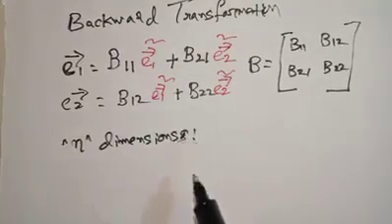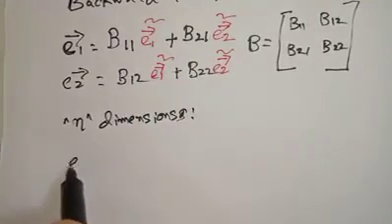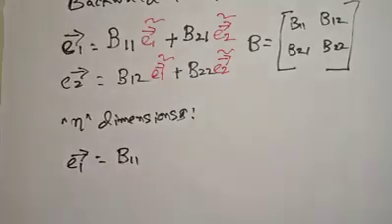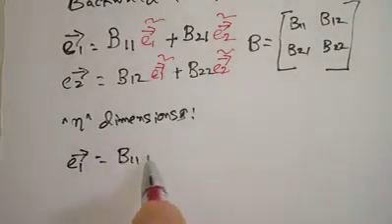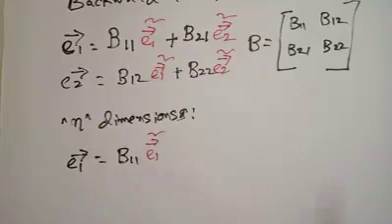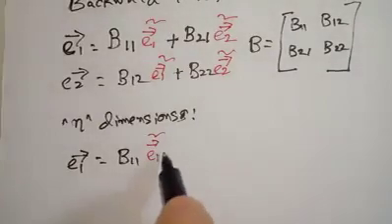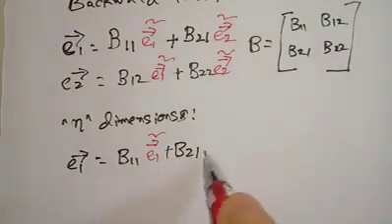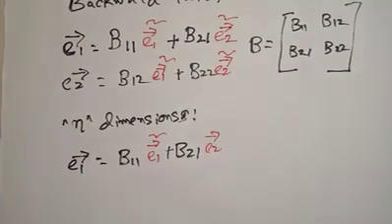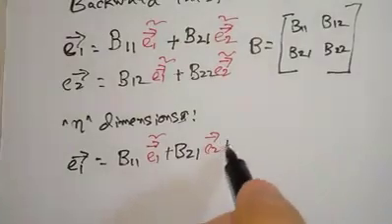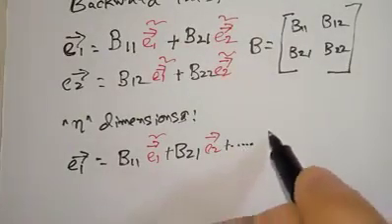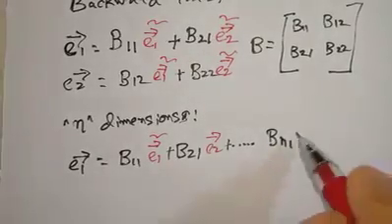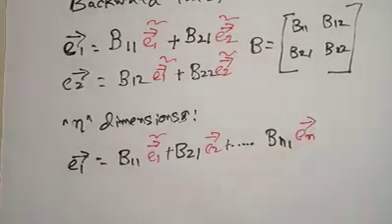So for n dimensions, we can write E1 equal to B11 E1 tilde plus B21 E2 tilde, and this continues up to Bn1 En tilde.